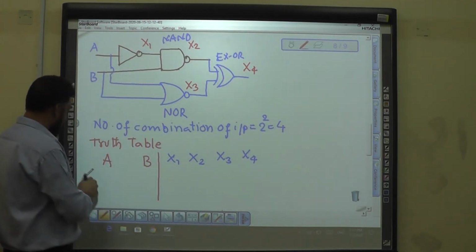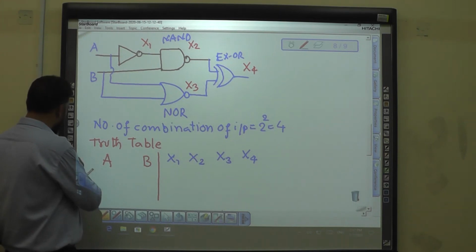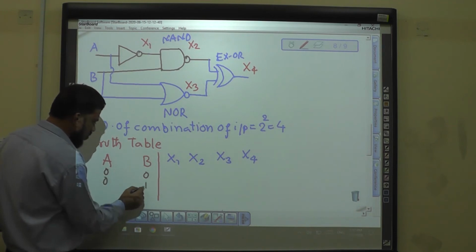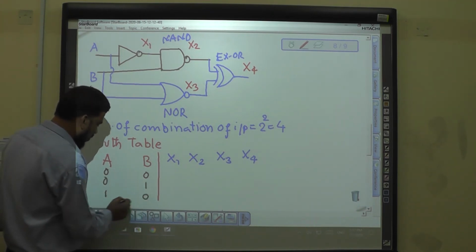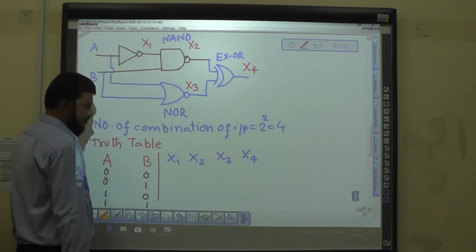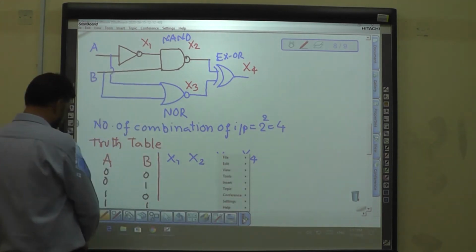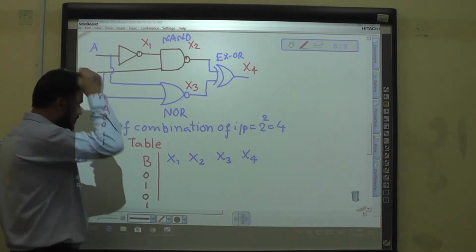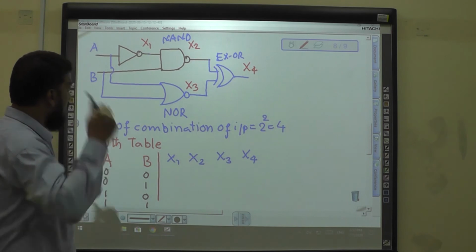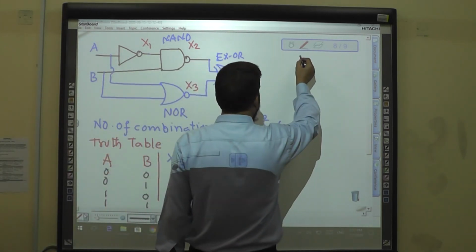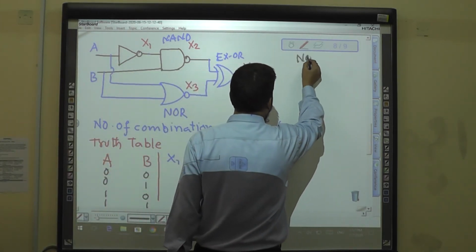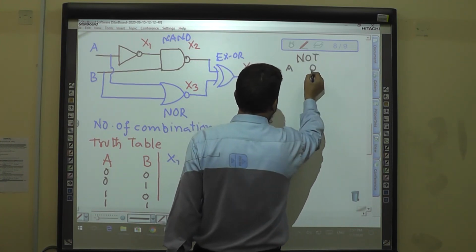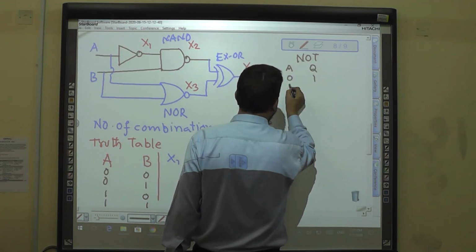So we have 4 combinations here: 0 0, 0 1, 1 0, 1 1. Now these are the inputs. Now recall the NOT gate: A, Q: 0 gives 1, 1 gives 0.